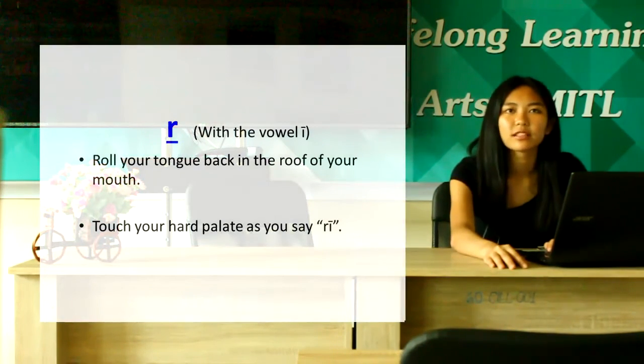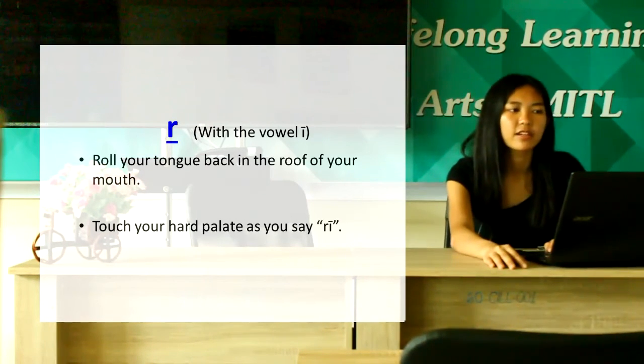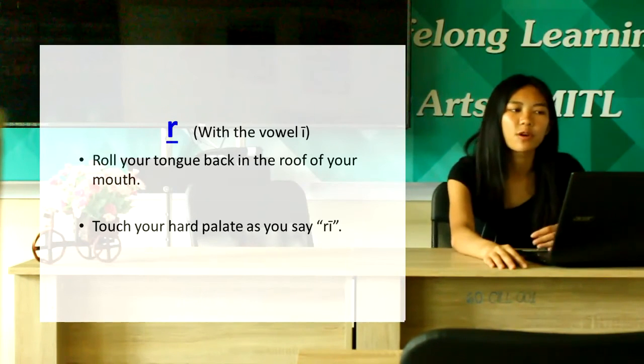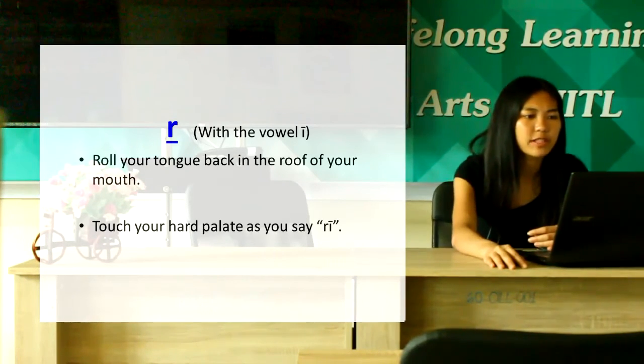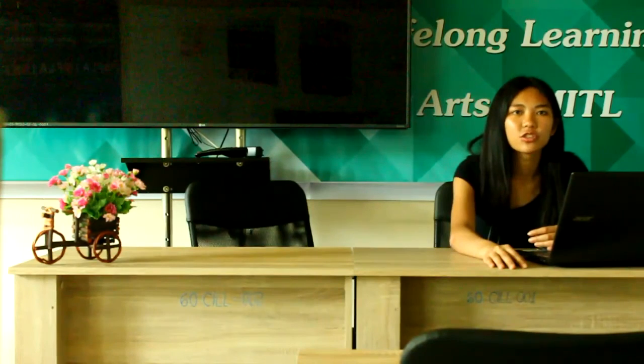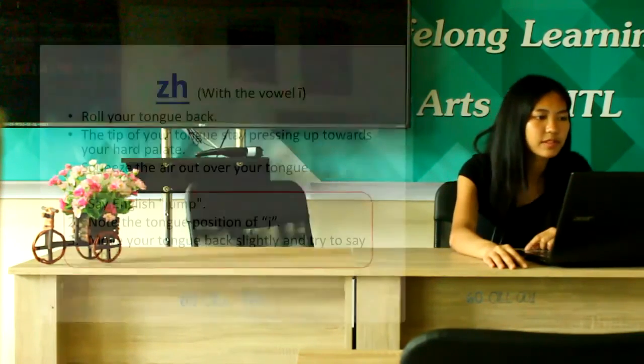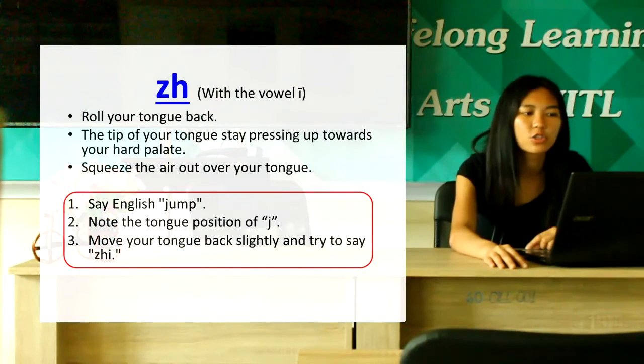And the next one, zh, zh. This might be difficult for you, but you have to learn to roll your tongue back in the roof of your mouth. It should touch your hard palate as you say it. Zh, zh. You might feel like your tongue is touching your hard palate.